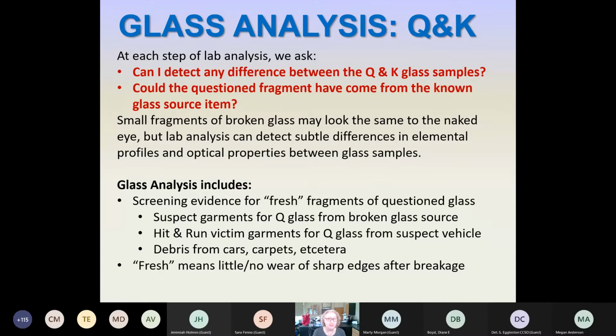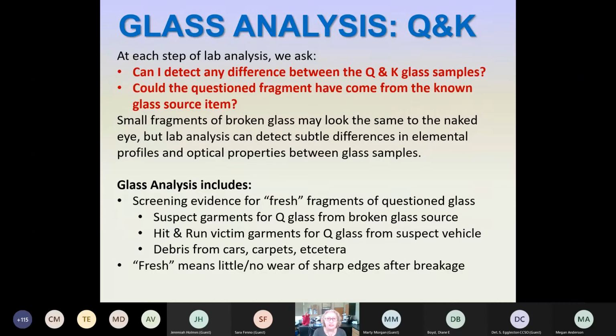We're looking through that debris for what we call fresh fragments of glass, or we may be doing the same type of screening for the clothing of a hit and run victim, or for garments taken from a person of interest to look for question glass. Let's talk a little bit about this word fresh in the context of glass analysis.